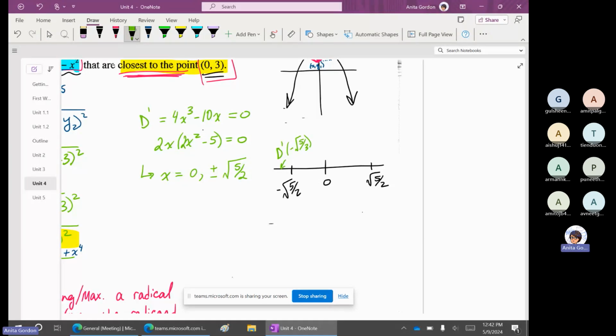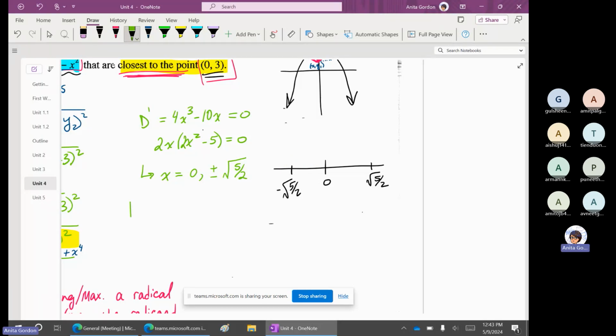So that would test this location here. No, that would be this location. My bad. Or we can do the second derivative. I think the second derivative in this case will be a lot easier because we would have to test 1, 2, 3, 4 points. Let's not and say we did. Let's do the second derivative test.